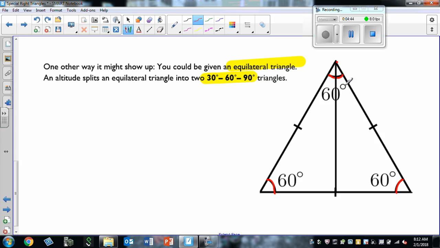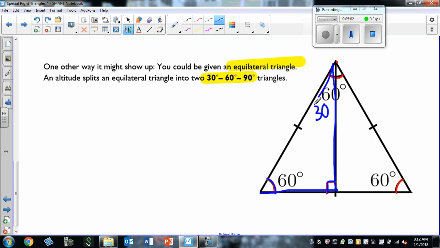Okay, well, here's my vertex, and it hits the bottom at a 90-degree angle. So I have this 90-degree angle already. I know this is 60 already, which means this has to be 30 because this is a triangle.